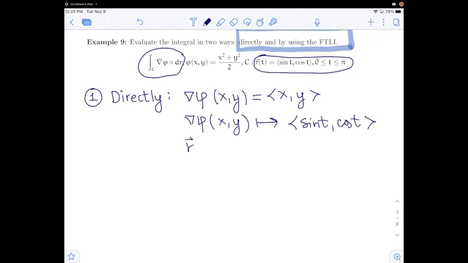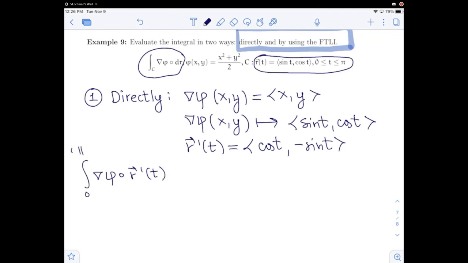We can compute r prime, so business as usual. That's going to be cosine t, negative sine t. And we compute our dot product, evaluated from 0 to pi. That's going to be our line integral.